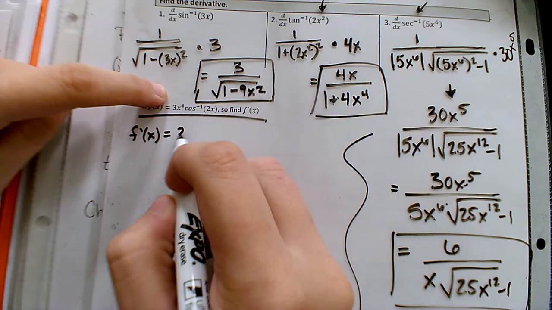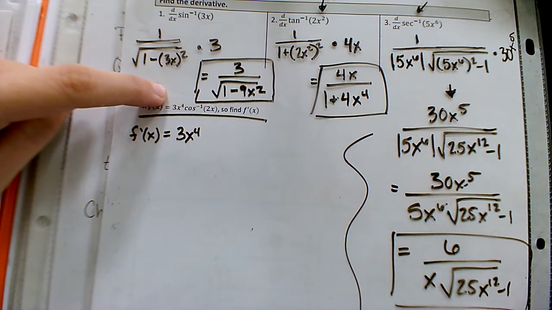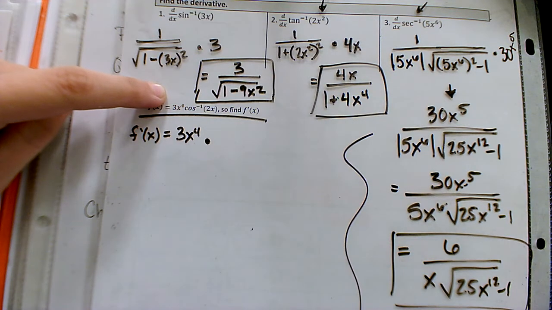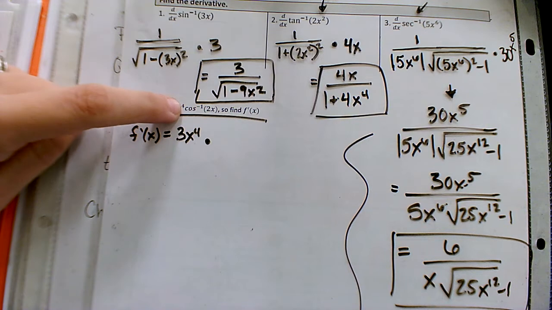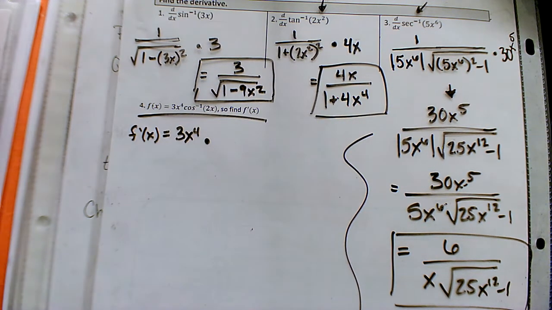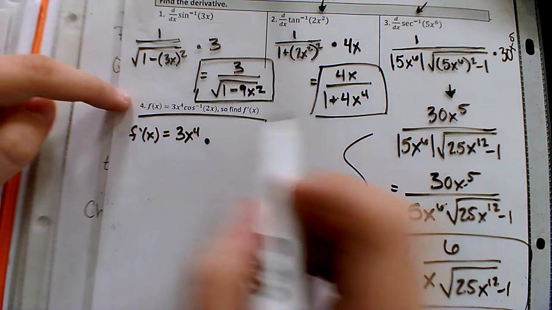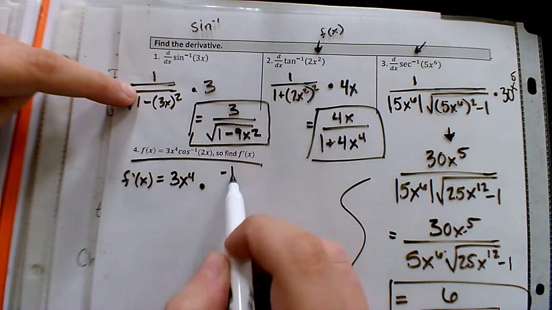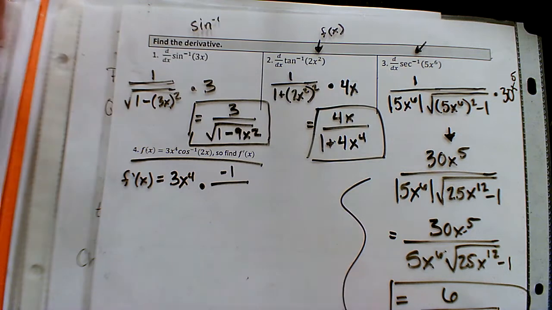So our first function is 3x to the 4th, and then we have to multiply by the derivative of cosine inverse. Now cosine inverse should be the same as sine inverse except negative. So instead of being 1 over something, it should be negative 1 over that something.